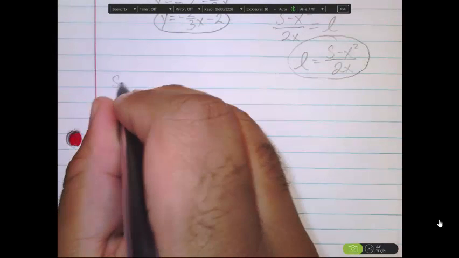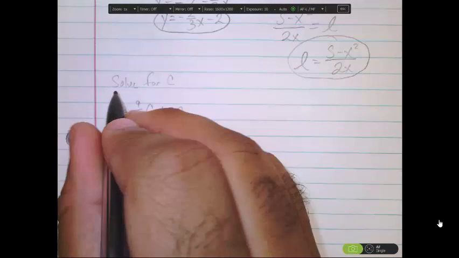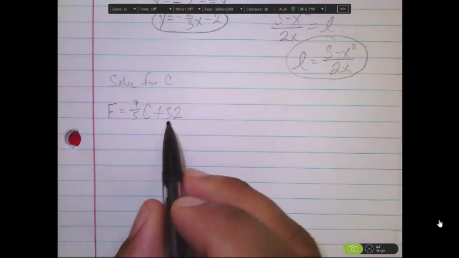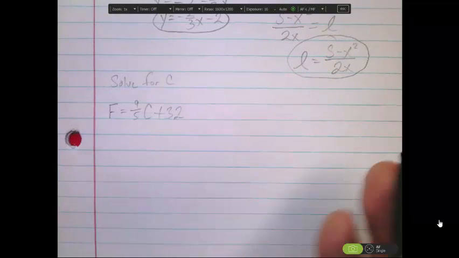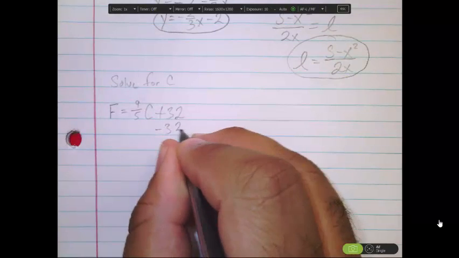Let's solve for C. And again, these instructions will be given to you. You won't have to decide or guess which one you're going to solve for. So the first thing we're going to do is get rid of this plus 32 because it's not attached. So the opposite of plus 32, of course, is minus 32.